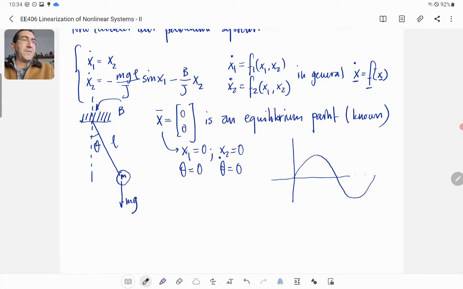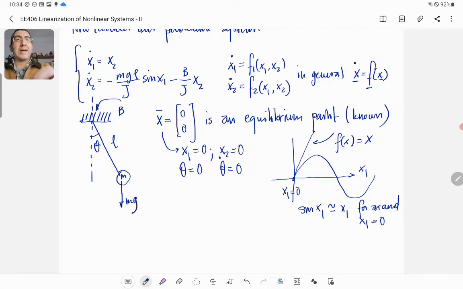And if this is, for example, x1, you see that x1 is equal to 0 is the origin. And at the origin, if this is f of x equal to x line, we know that sine x1 is approximately equal to x1 around x1 equal to 0. So for very small angles, the sine function approaches simply the x function.